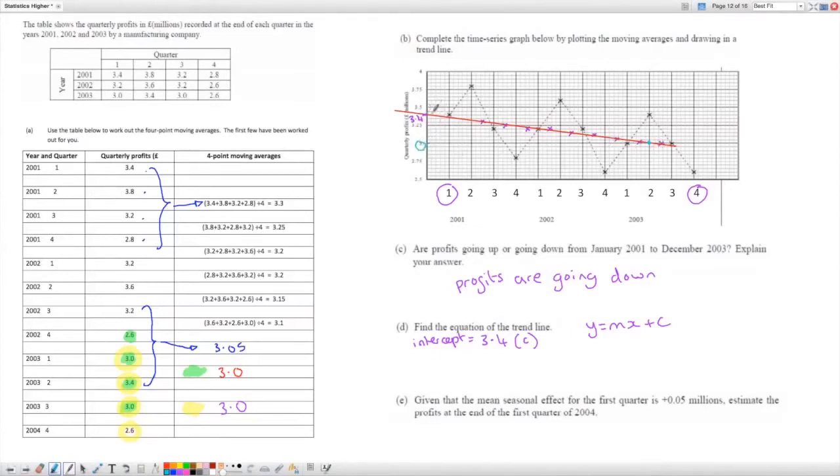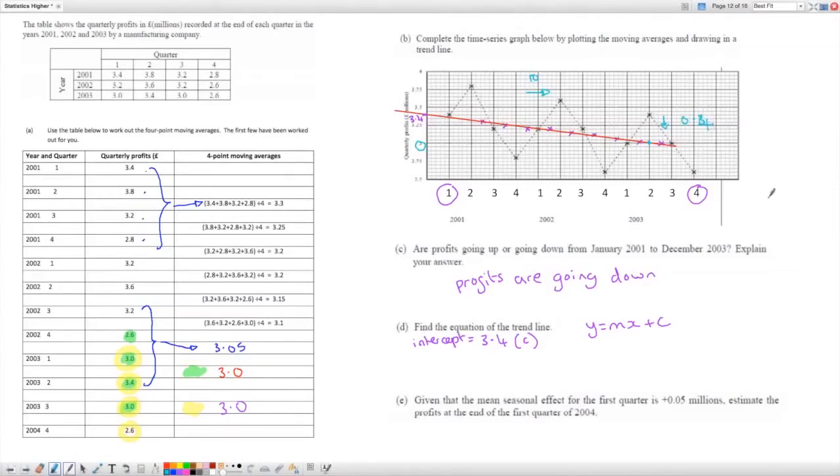And then here, our trend line is directly at 3.4. So to find the gradient, we're going to go across 10 quarters. So going across 1, 2, 3, 4, 5, 6, 7, 8, 9, 10 quarters, and we are going down 0.4. So in this direction, we're going across 10, and here we go down 0.4.